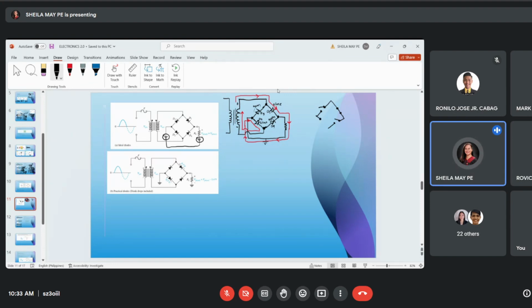And this is closed. Okay. Now, negative half cycle, contouring on balik.